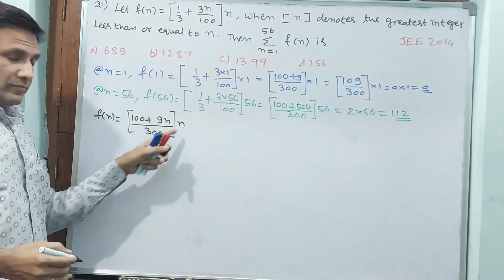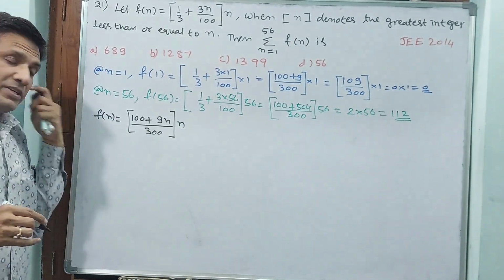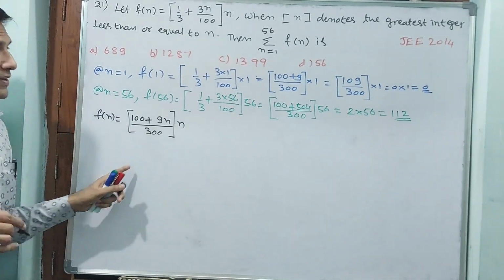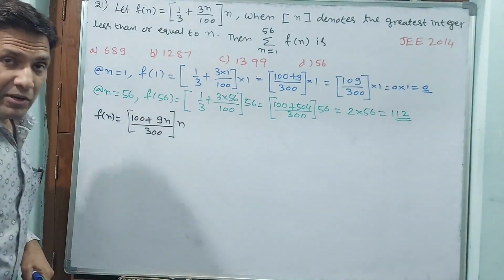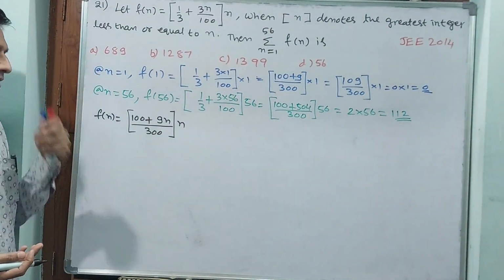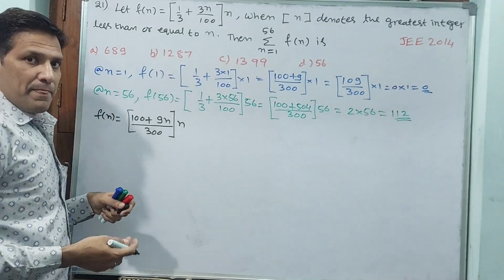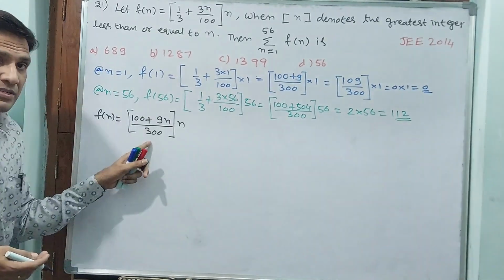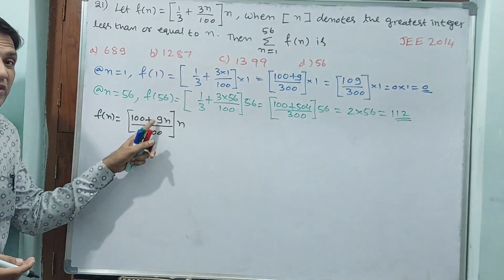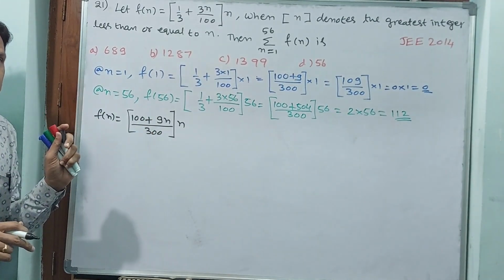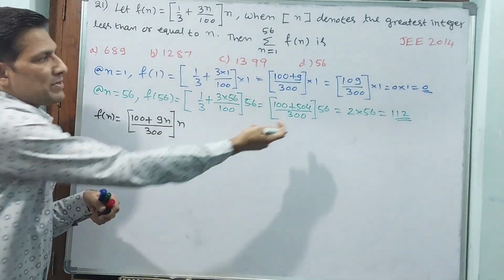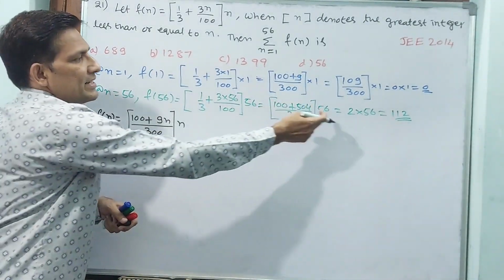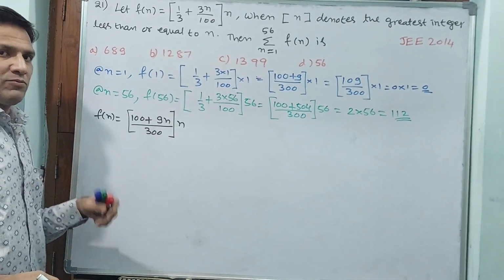Until it is 0 you did not take, but when it becomes 1, that also you have to see. The numerator should be 300 or greater. Less than 600 means 1 will come, greater than 600 means again 2 will come. Here it is 604, that is why it has come 2.